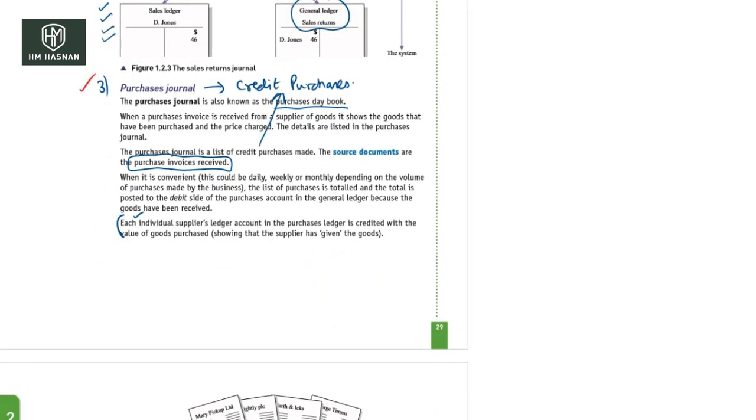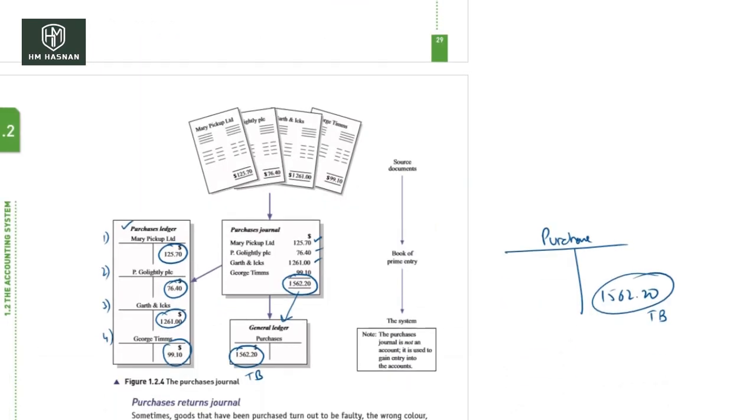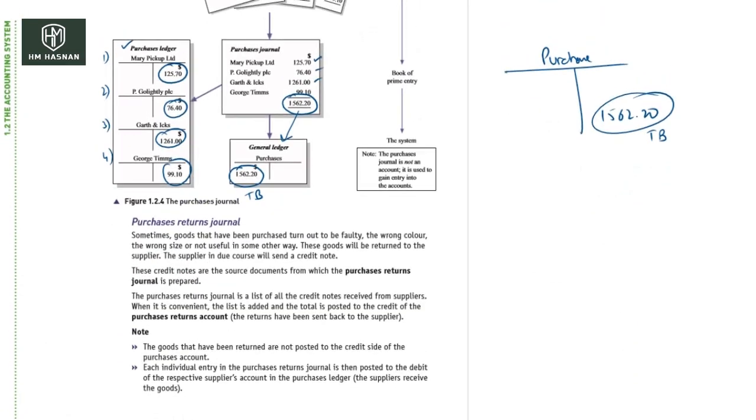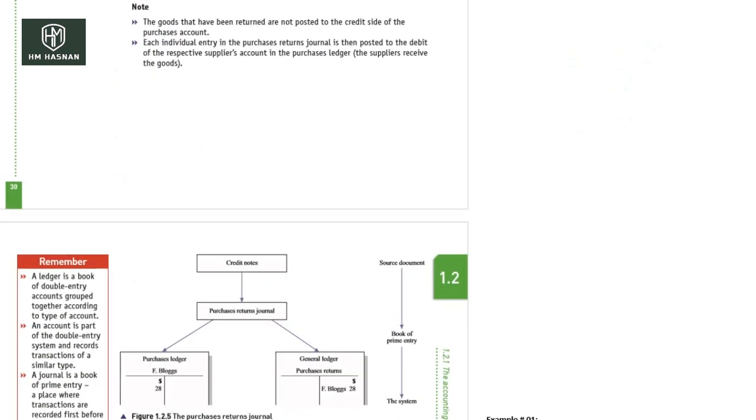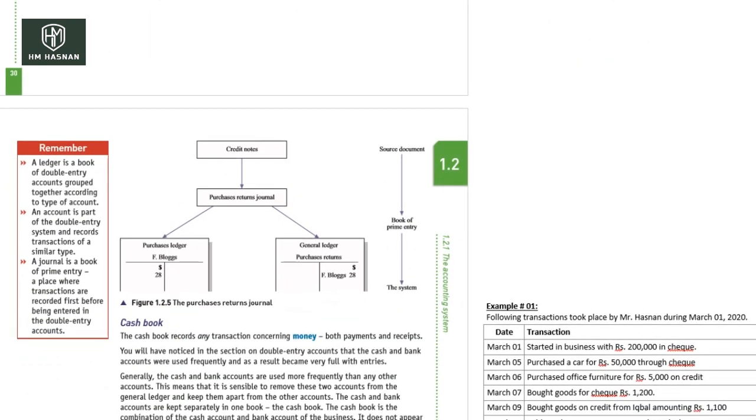Purchase journal, we discussed this. Purchase return, we discussed already. Credit note, we will discuss. If a credit note is issued, it means sale return. Credit note received means purchase return.